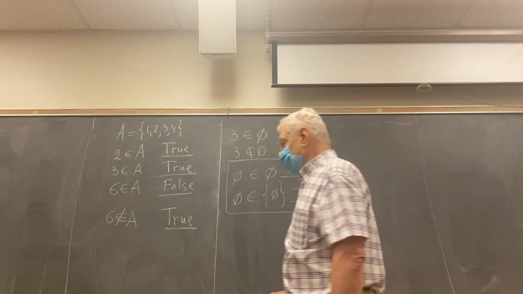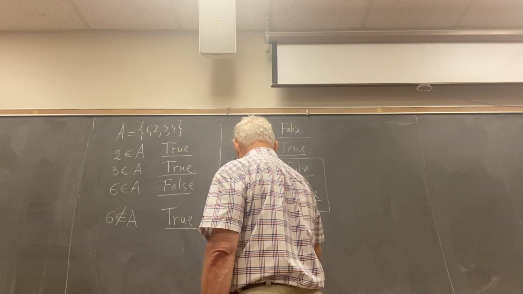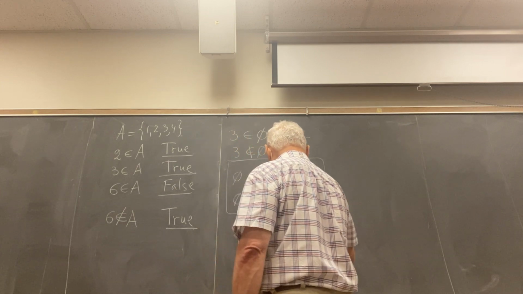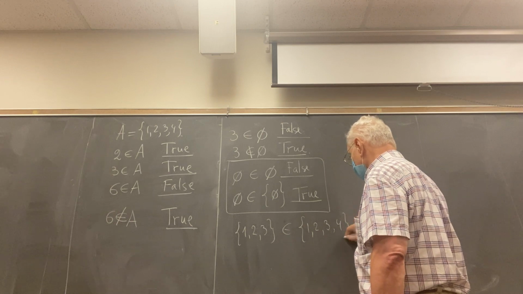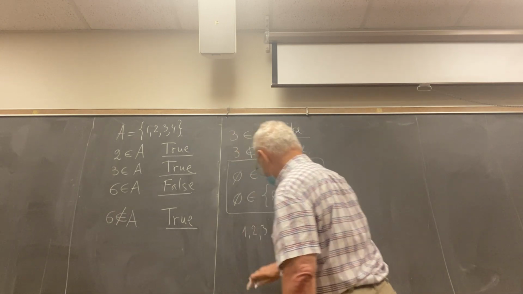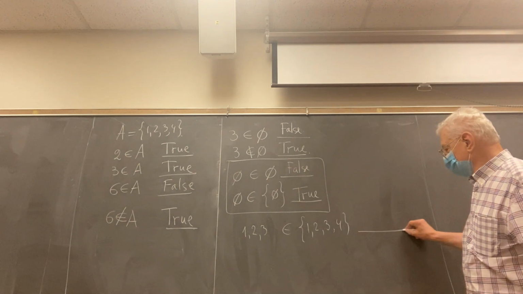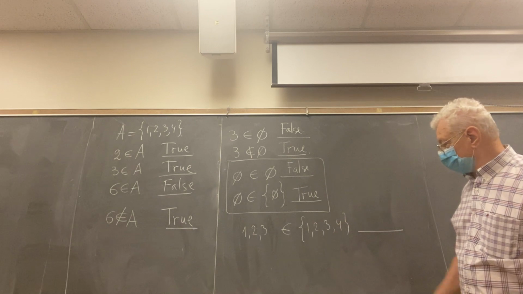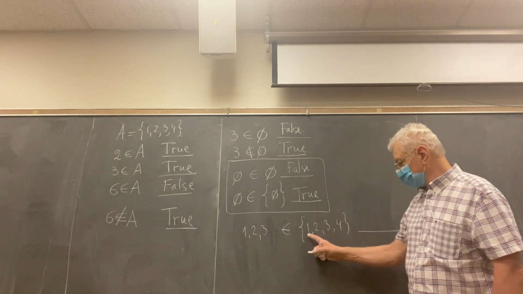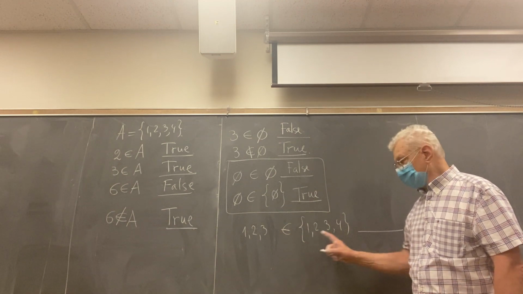Maybe more. How about this one? 1, 2, 3 belongs to {1, 2, 3, 4}. Is it true or false? It's true. Look, 1 belongs to that, you can find it here. 2 is in here, and 3 is in here.